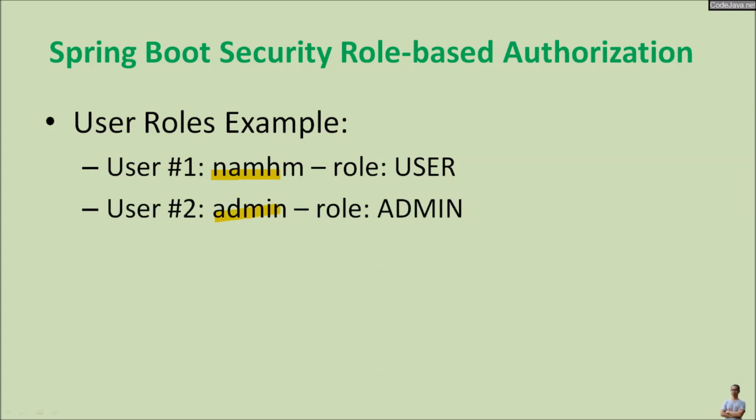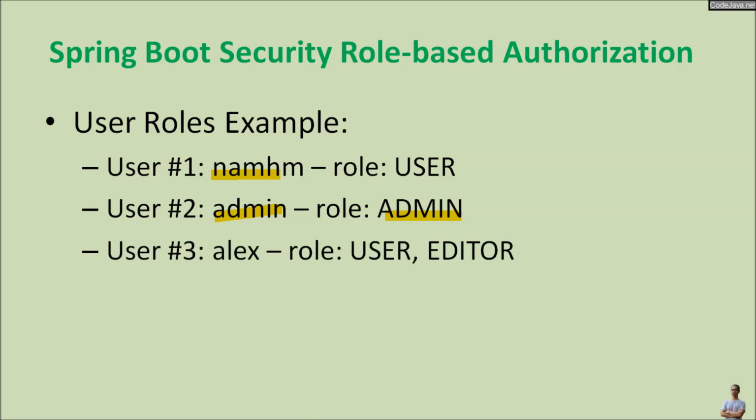The second user, admin, has a role admin, and the third user, Alex, has roles user and editor. So as you can see, a user can have one or more roles, and a role can be assigned to one or more users.